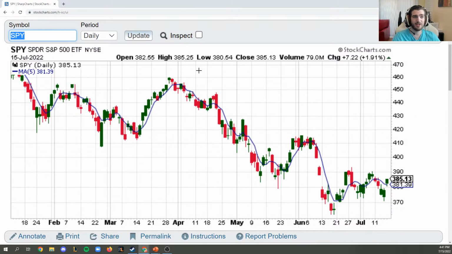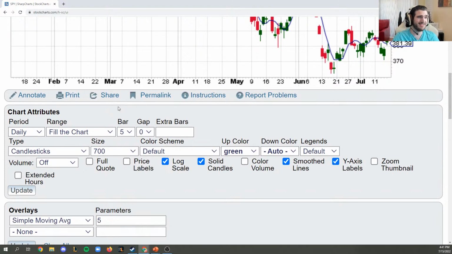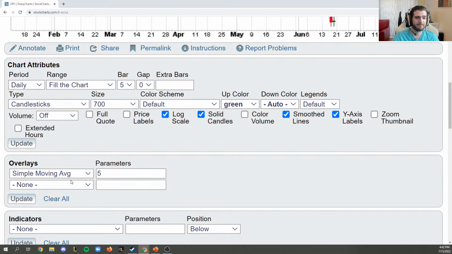I think 5 or 6 different moving averages and saying, I want the price to be on top of them all. Show me companies that are a 3 above the 10, above the 20, above the 50, above the 100, so on and so forth. So this is probably the easiest one to understand.